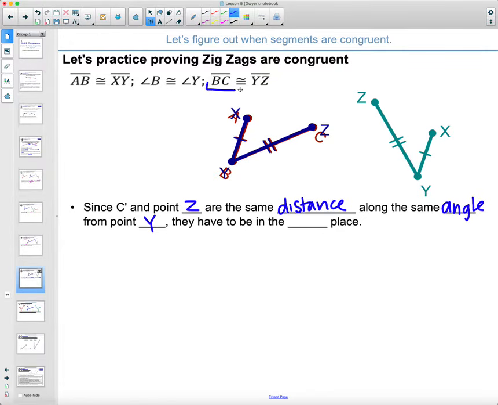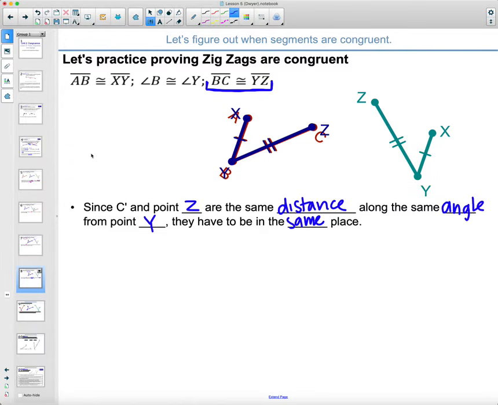Why are they the same distance? Because these two segments are congruent. So they're the same distance from point Y, because B and Y are on the same spot. So they're the same distance away. They have to be in the same place.